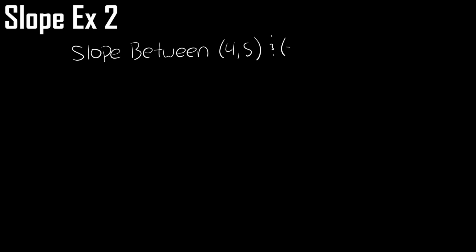Another example, let's say we're asked to find the slope between 2 points (4, 5) and (-2, -1). We'll use our formula, which is the change in y over the change in x, and plug in our values.